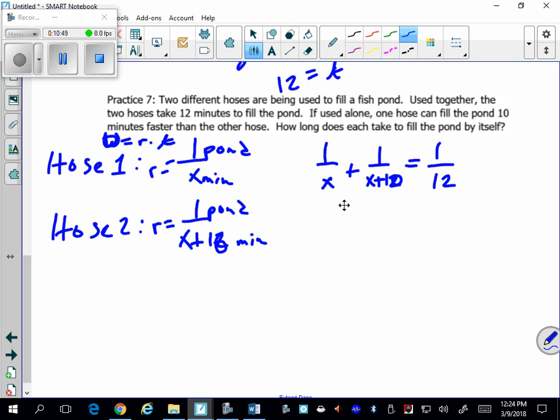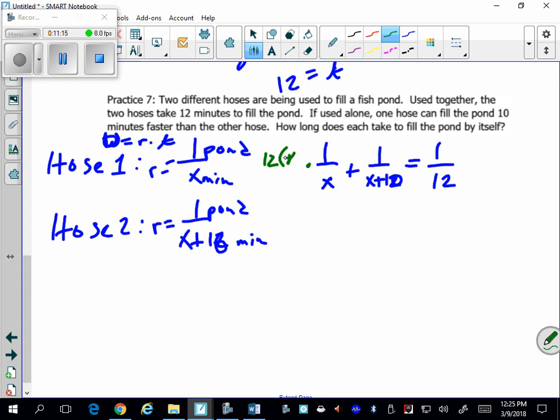Looking at like denominators, there isn't anything alike. There's an x as a factor, x plus 10, and 12. There's nothing in common. So we're going to end up having to multiply everything by everything to get to the same denominator. This has just an x, so I have to multiply by x plus 10 and 12. So 12 times x plus 10.